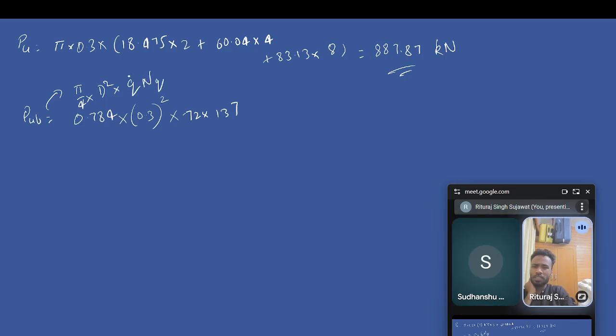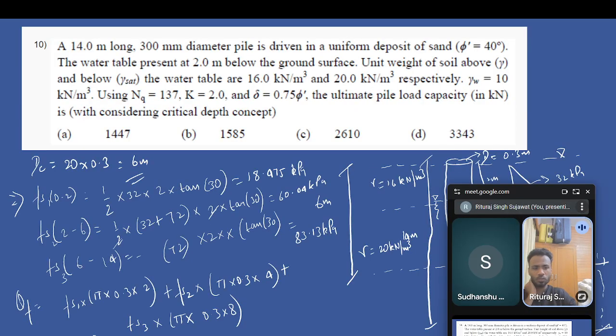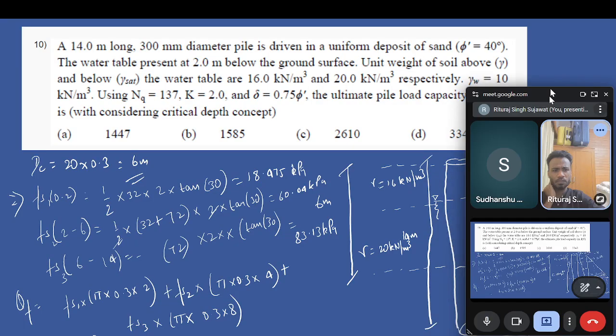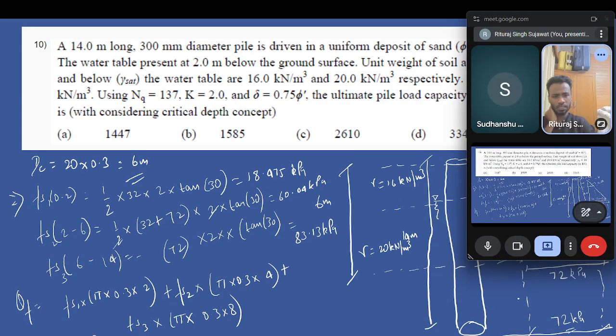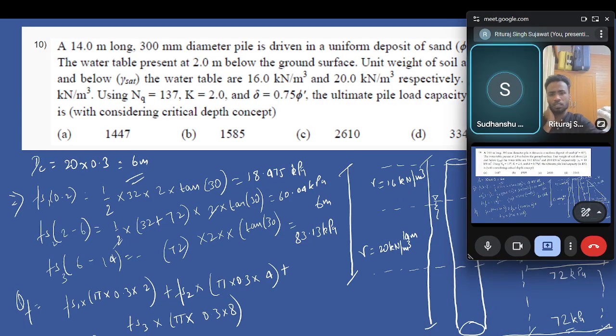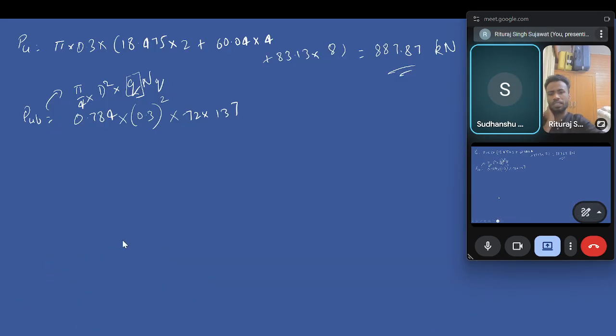The overburden which is available at the base is 72 kPa, which you can see from here, and your bearing capacity factor is 137, right?